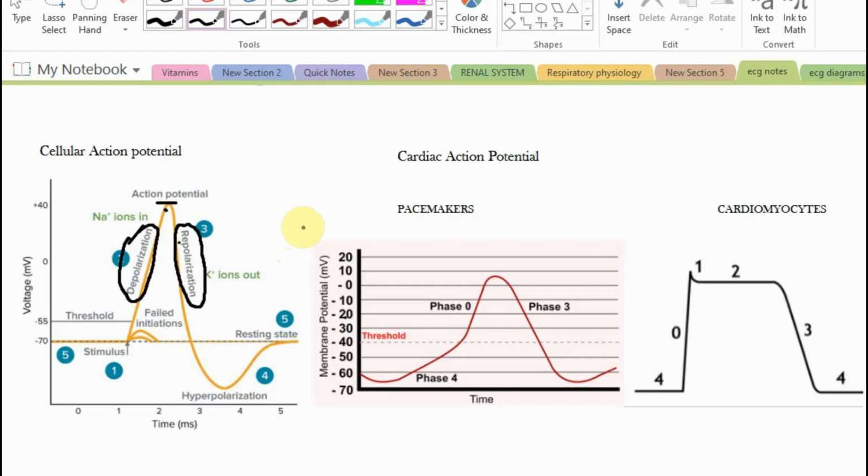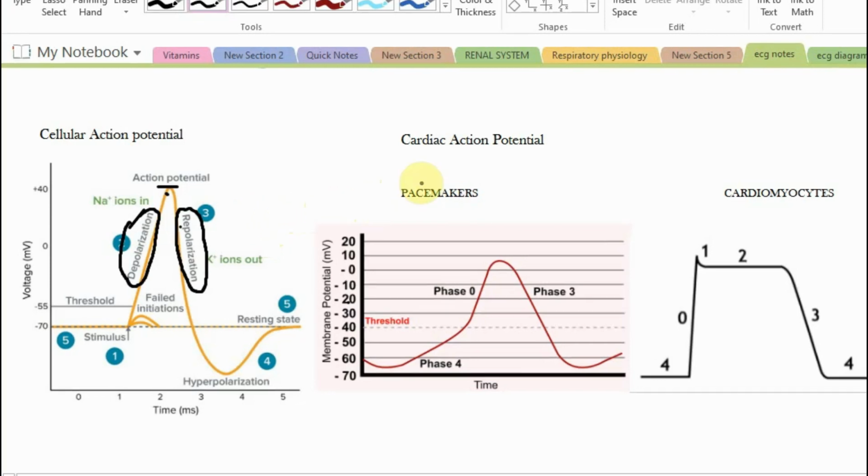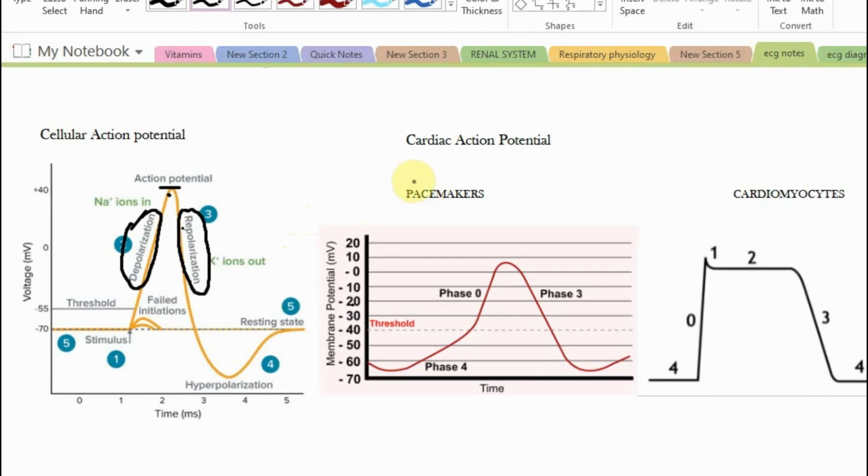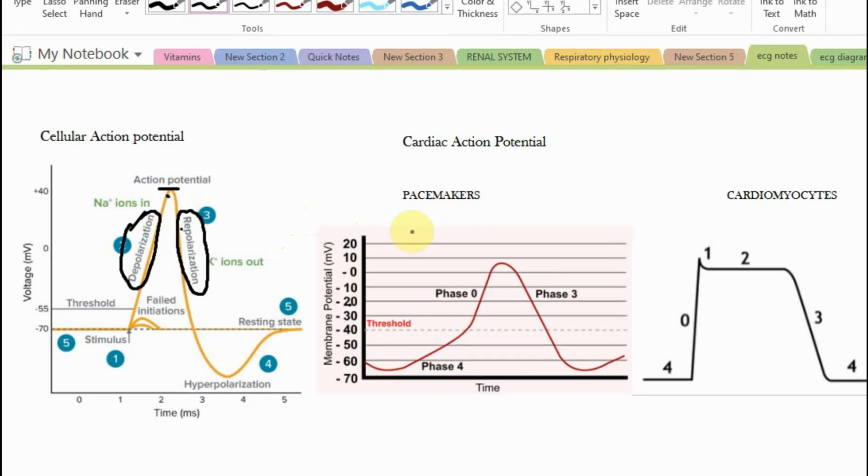Going further into cardiac action potential. At the cellular level, we can see mainly two types of cell: pacemaker cells and cardiomyocytes. Both in pacemaker cells and cardiomyocytes, we can see a common characteristic in which the electrical event that takes place is divided into certain phases from 0 to 4.